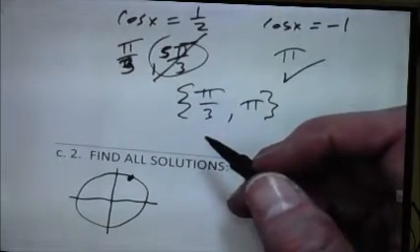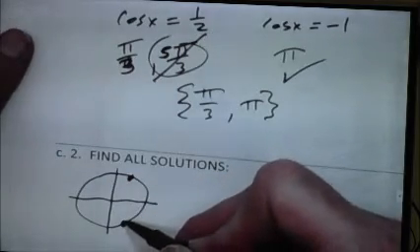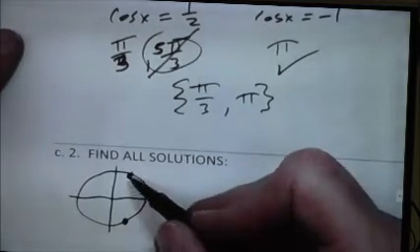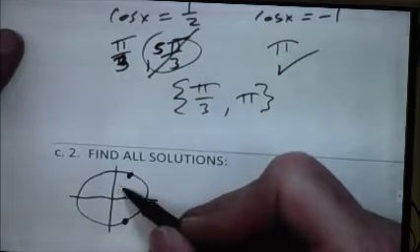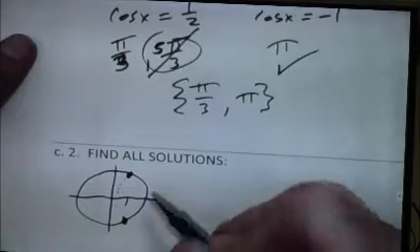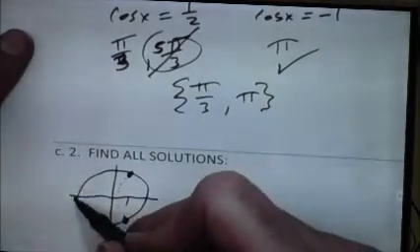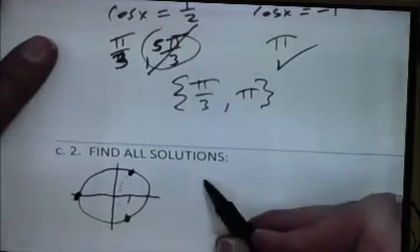And then 5 pi over 3 is actually down in the fourth quadrant, 300 degrees. Now, that's an interesting one again because we have a 60 degree here and a 60 degree down. So we have one of those situations where you can do a plus or minus. We also have pi over here. So I'll take pi first.